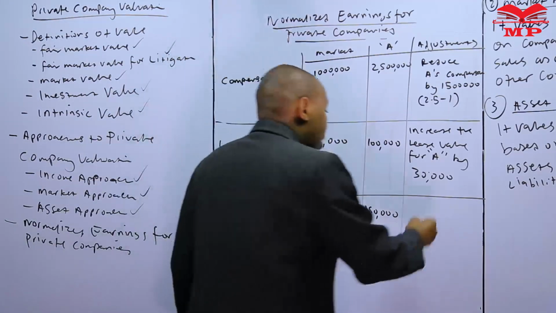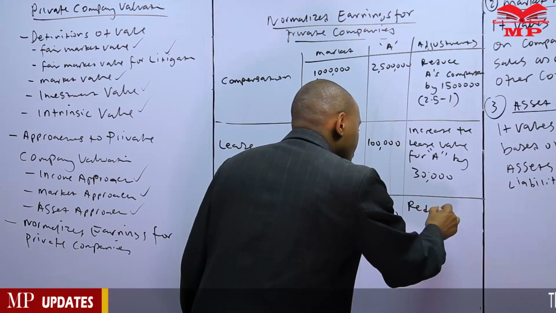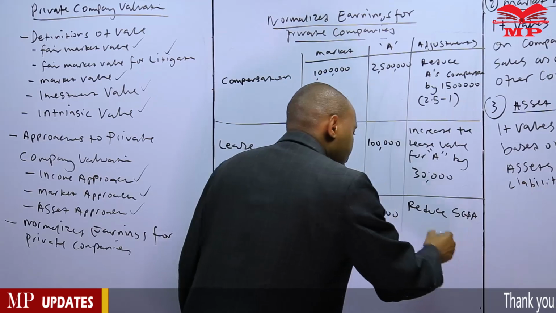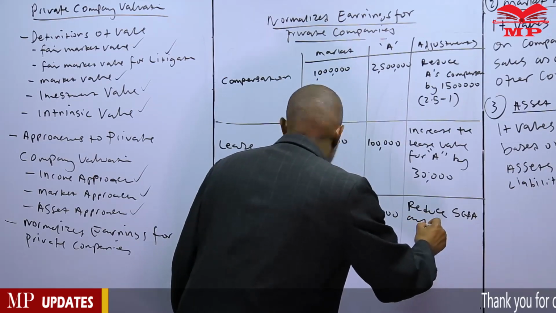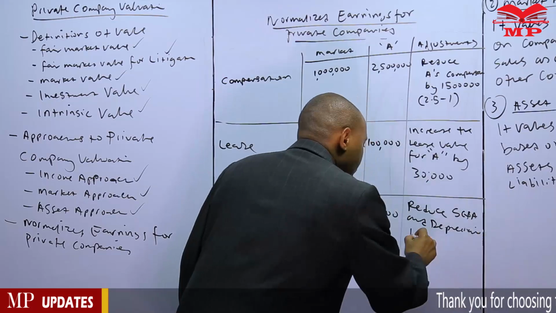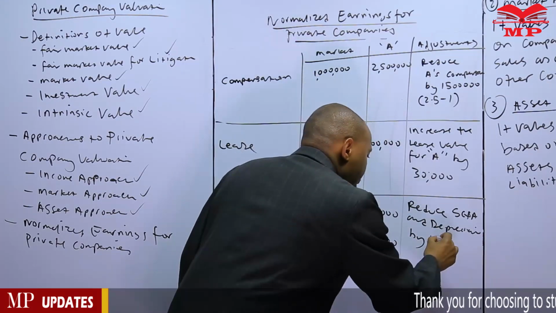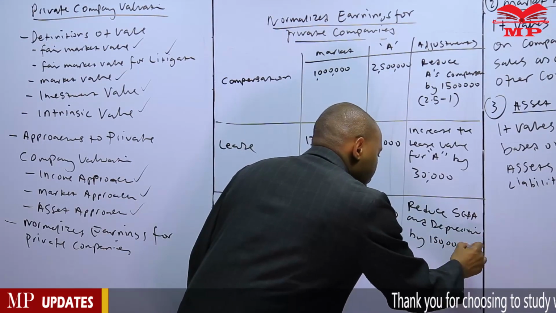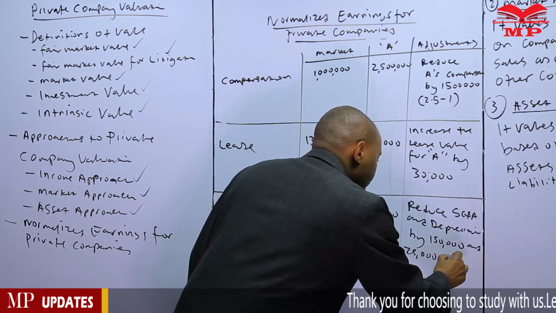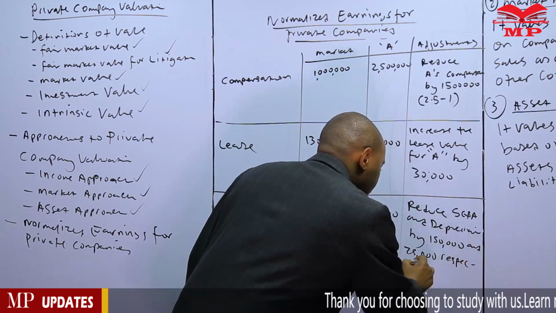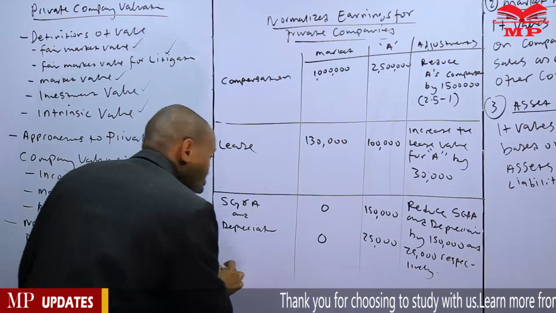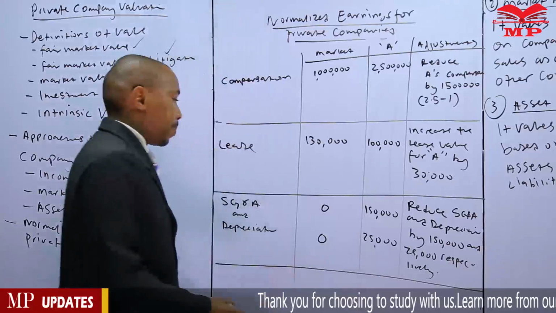To A, reduce SG&A and depreciation by 150,000 and 25,000 respectively, so that we can normalize the earnings there.